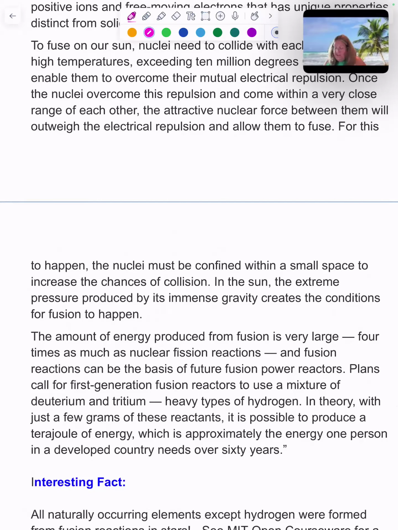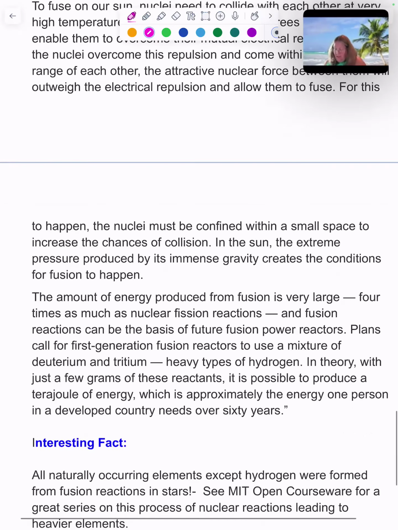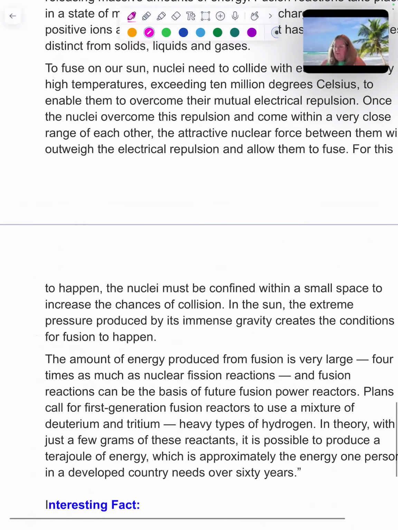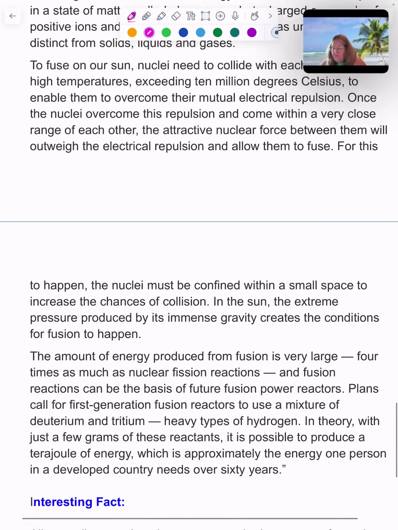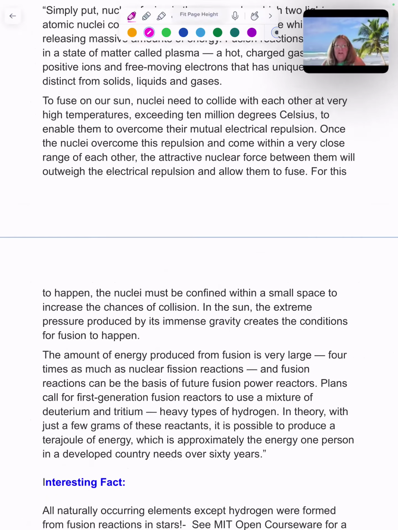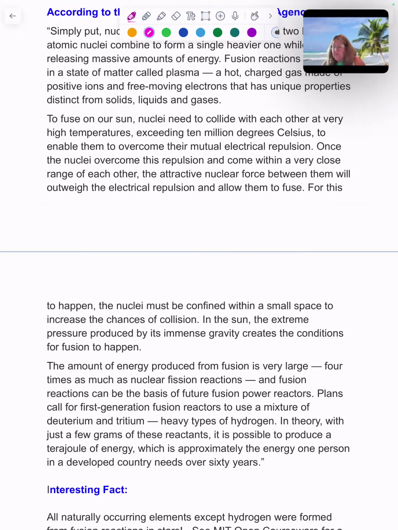In theory, with just a few grams of these reactants, it's possible to produce a terajoule of energy, which is approximately the energy one person in a developed country needs for over 60 years. This is a quote, I quoted this whole section from the Atomic Institute, and I thought they did a really good job, and I couldn't have phrased it any better.